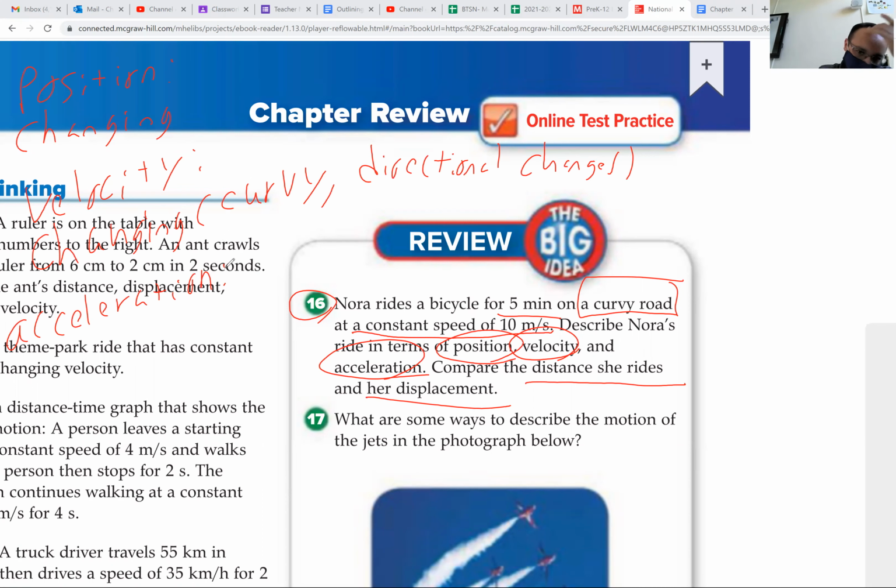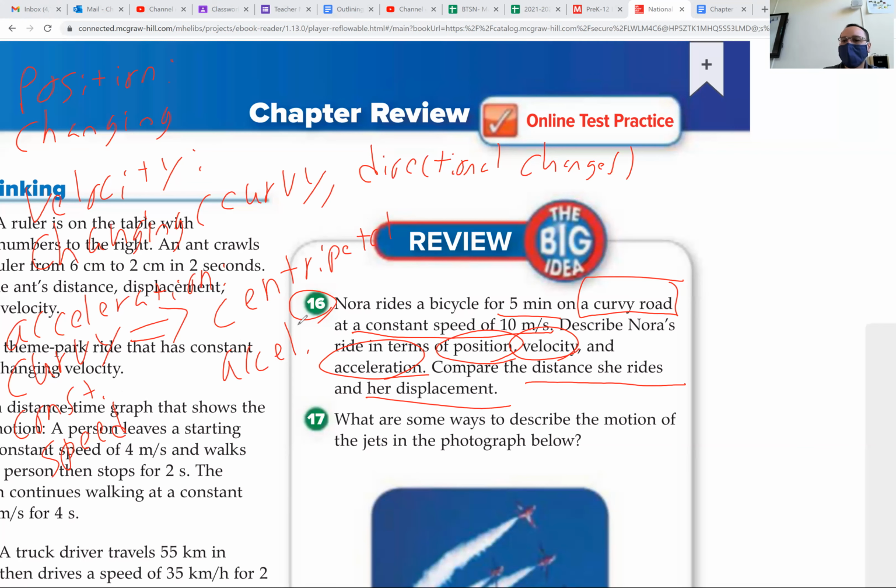Acceleration, okay? Because the road is curvy at constant speed, okay? That dictates that you'll have centripetal acceleration. You will have centripetal acceleration, okay?